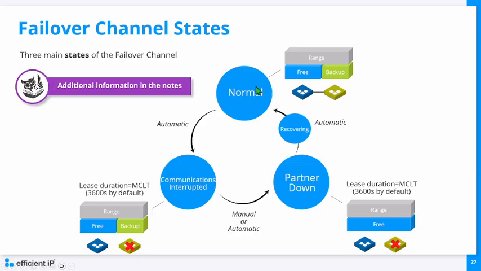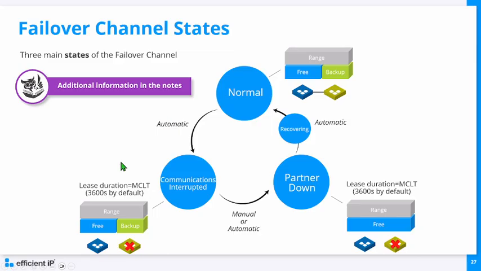So let's understand what they mean. When everything is healthy, the failover channel state will be normal. So you will see the state failover channel normal. Now, let's say an incident happened.